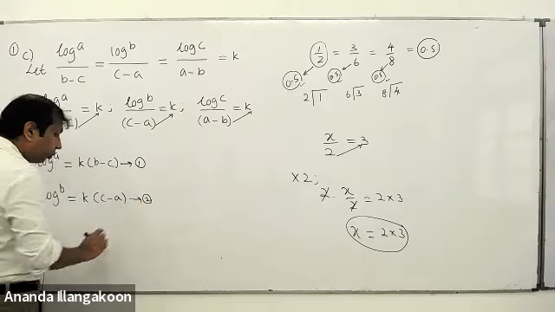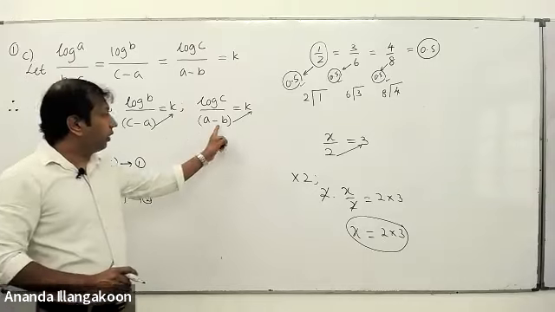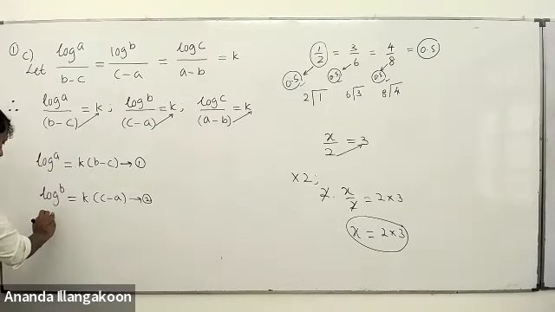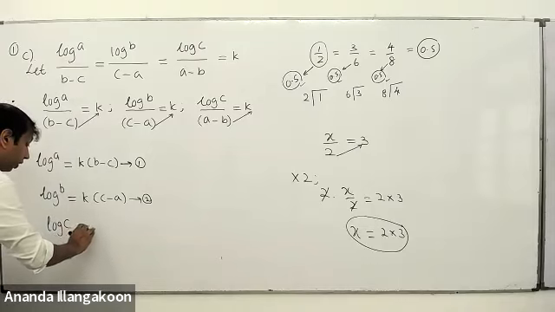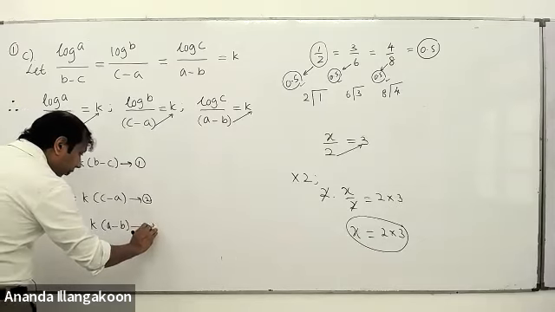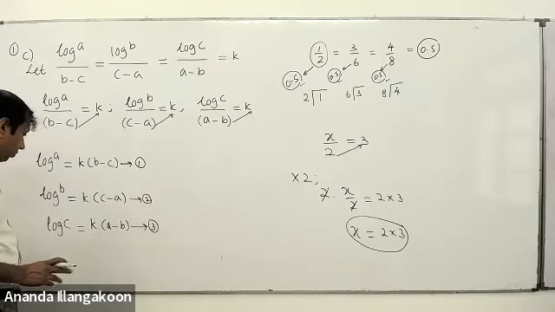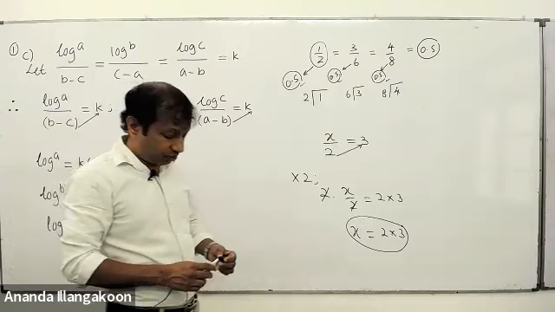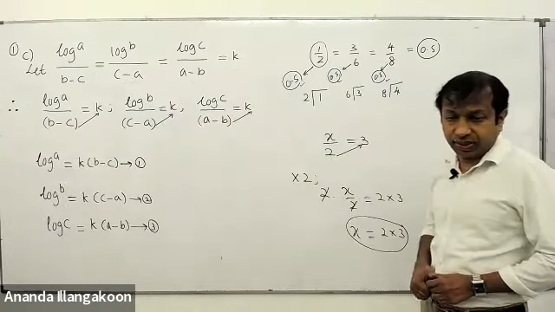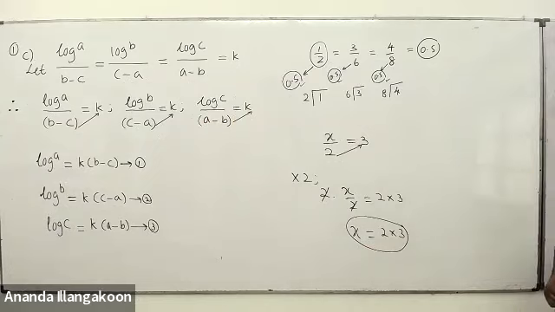I'll take that as number 2. Taking this way, cross multiplication, we get log c equals k times a minus b. Number 3. These three equations we can take. Up to here, you can very clearly understand now.